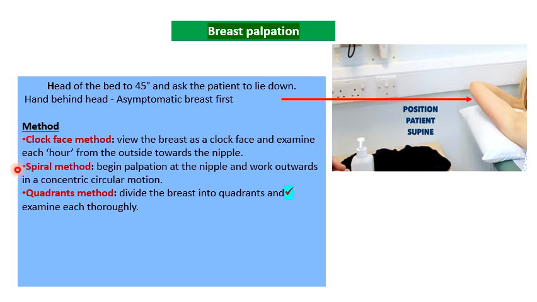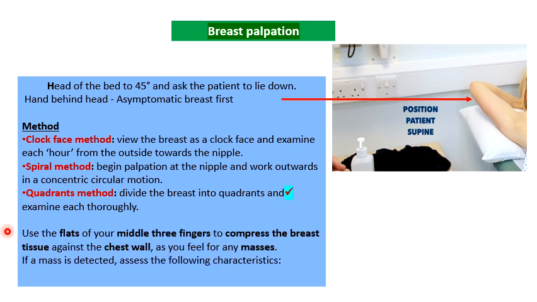The other one is the spiral method, where you begin palpation at the nipple and work outwards in a concentric circular motion. And thirdly, the quadrant method. Divide the breast into four quadrants, and then examine every quadrant thoroughly. This is the more widely used method of examination.